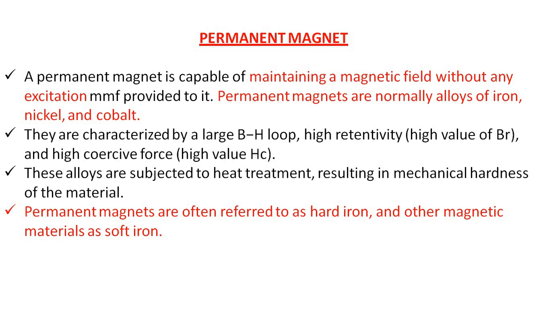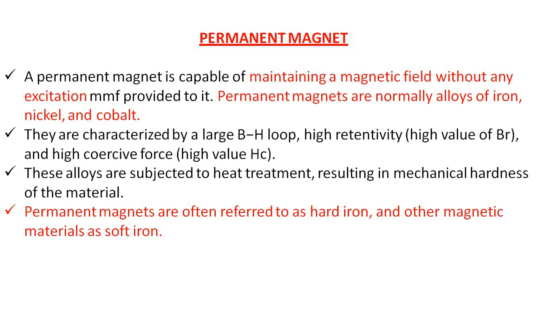Next, permanent magnet. A permanent magnet is capable of maintaining a magnetic field without any excitation MMF provided to it. Permanent magnets are normally alloys of iron, nickel and cobalt. They are characterized by a large BH loop, high retentivity, high value of Br, and high coercive force, high value of Hc.